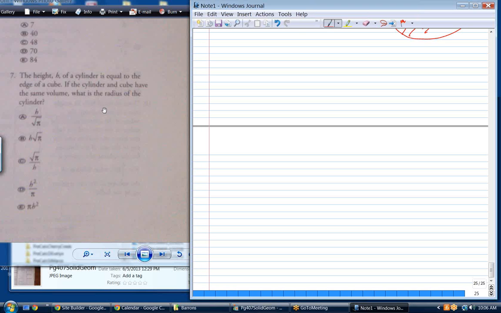The height of a cylinder is equal to the edge of a cube. If they have the same volume, what's the radius of the cylinder? Well, this should be fairly easy. So the height of the cylinder is equal to the edge of the cube. If they have the same volume, what's the volume of the cube in terms of h?